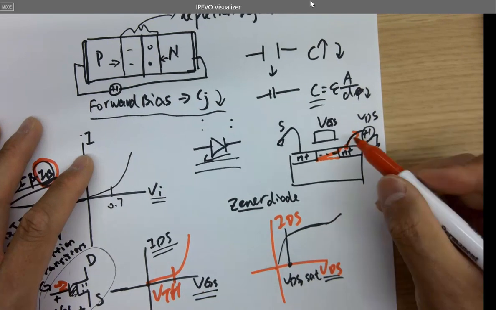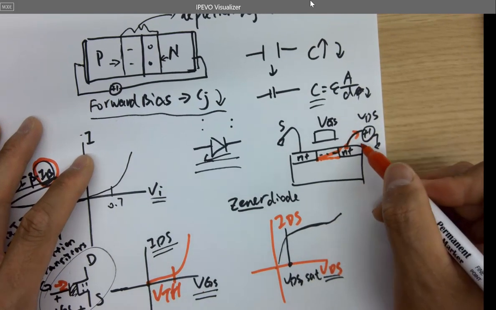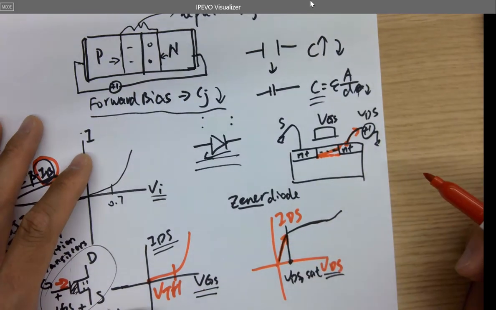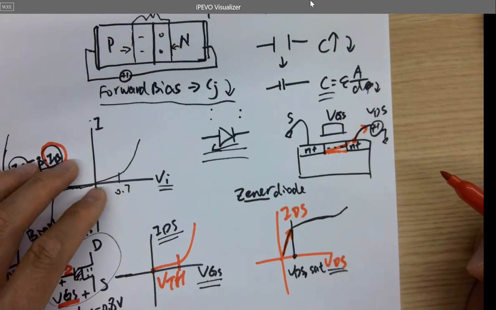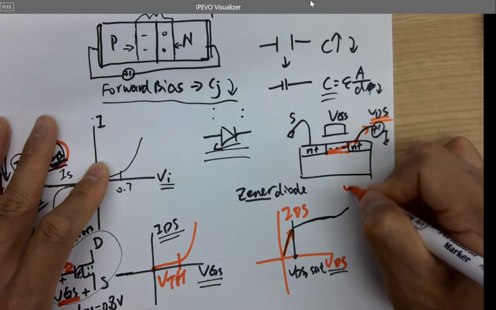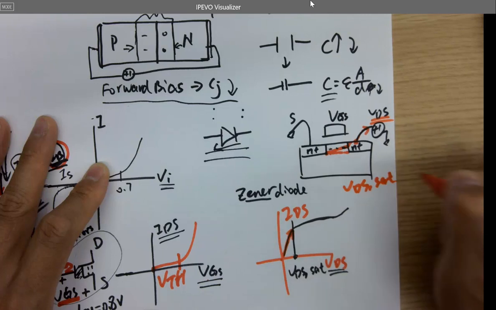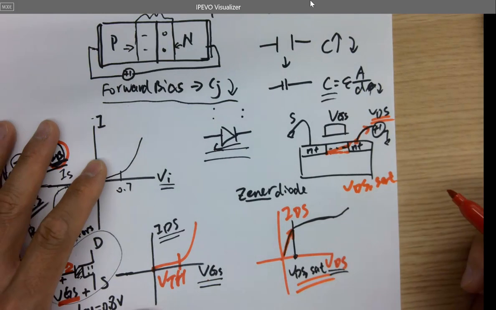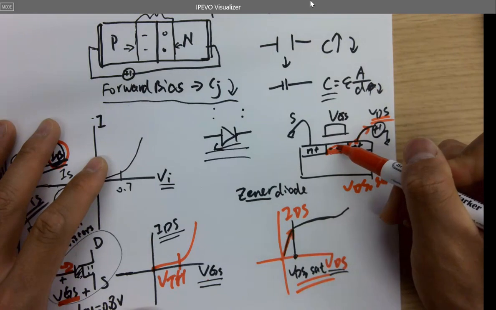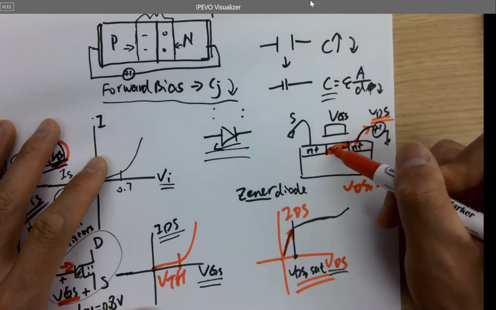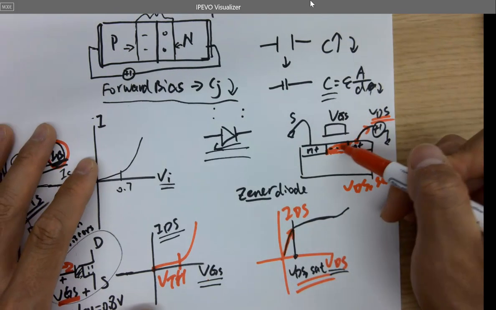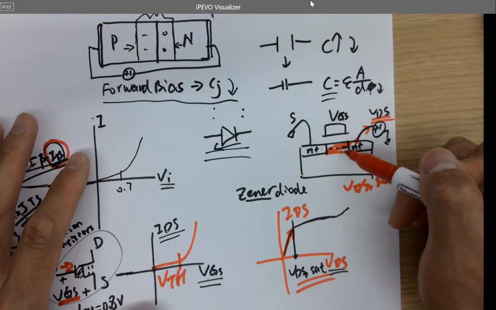Because you have a stronger electric field, the current will increase almost linearly at the very beginning. But whenever it reaches VDS,sat, which is here, the current saturates. Why? Because this layer will connect to the corner here, and it doesn't have the capability to keep increasing the current anymore.